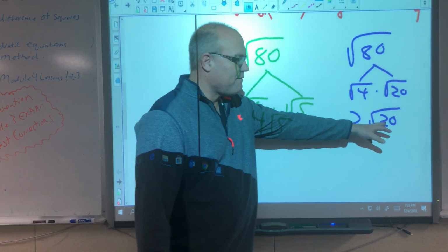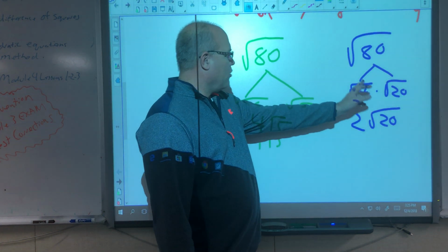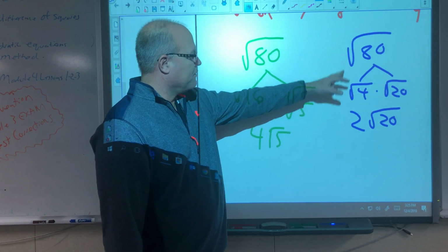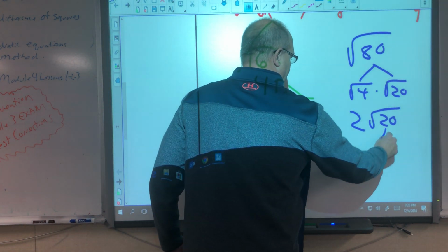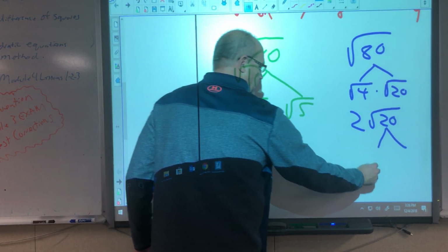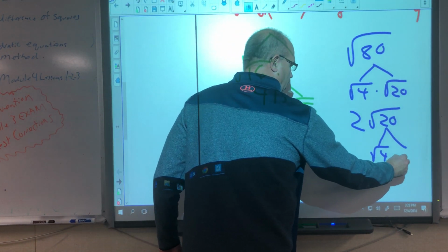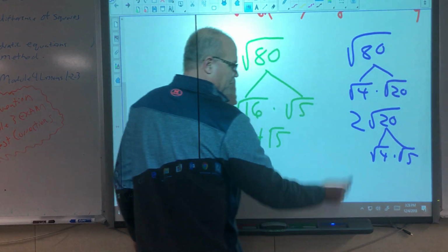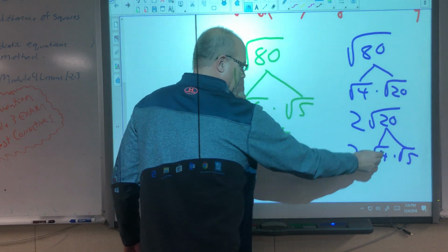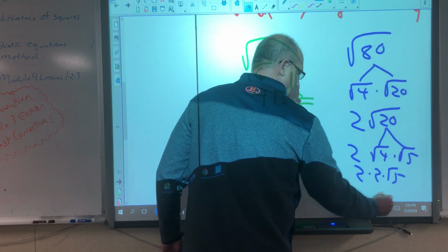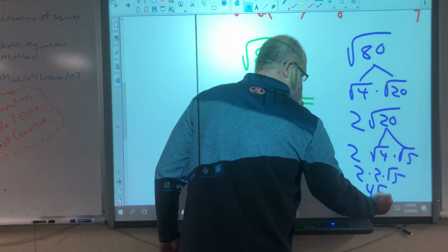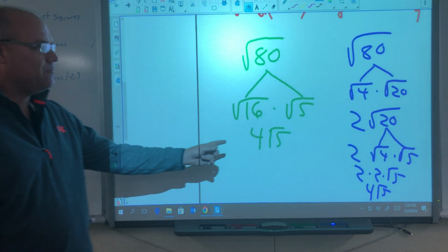You're right, but this one's not fully simplified. Since we didn't pull out the greatest perfect square that goes into 80, we have to refactor the 20. Right? What's the perfect square that goes into 20? That's right. Square root of 4 times the square root of 5. Don't forget the 2 here. 2 times that. So this becomes 2 times 2 square roots of 5. So we're back to 4 square roots of 5. We get the same answer.